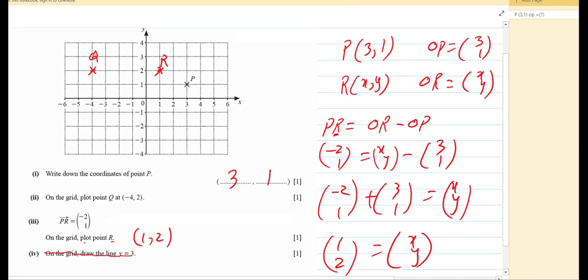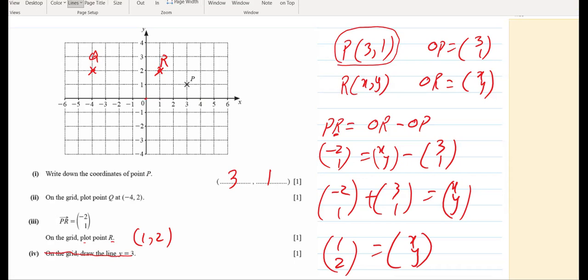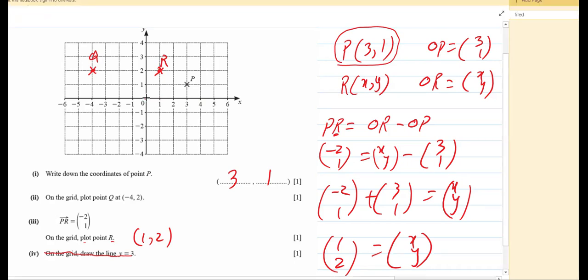Actually, every vector, whenever we draw any of the vectors, the vector is linked with the origin. Like this position, we always write from the origin. So this is the way to write the coordinate form. This is called the column vector form. For example, the coordinate we write in this form. So if we have to write it in the form of the column vector, we need to draw from where it starts.